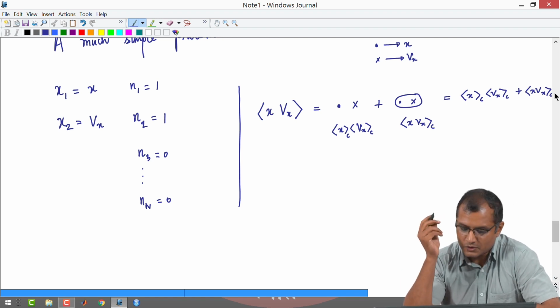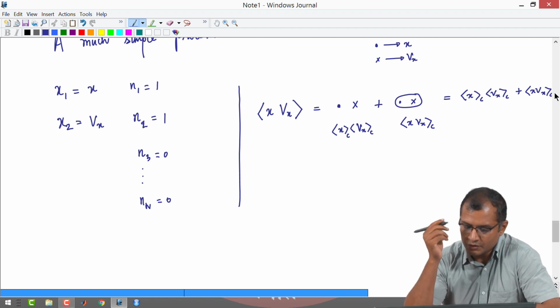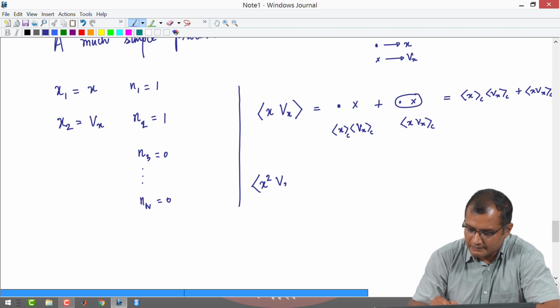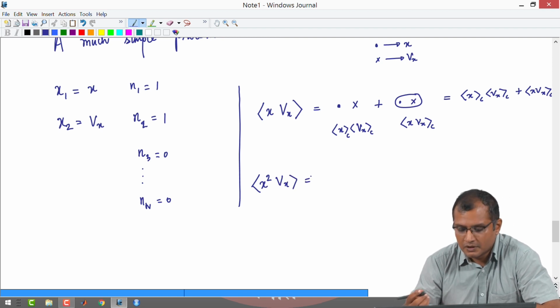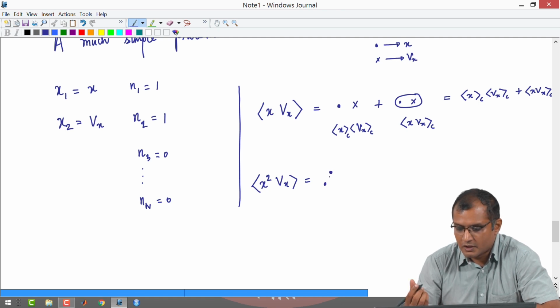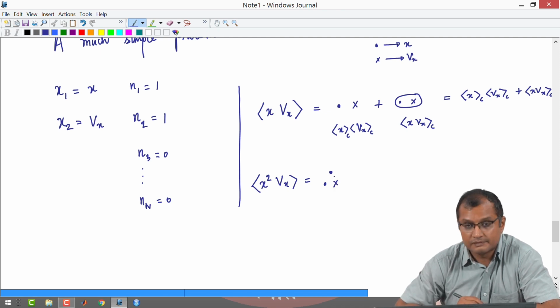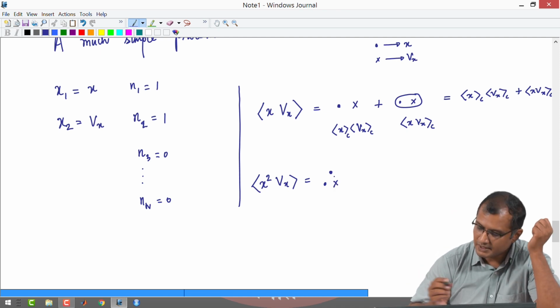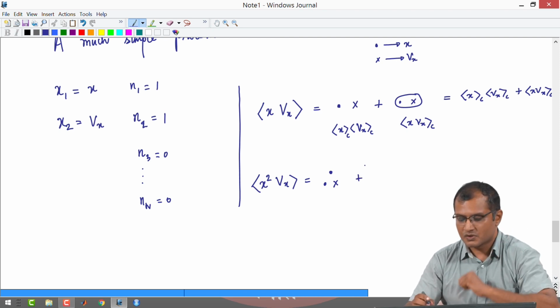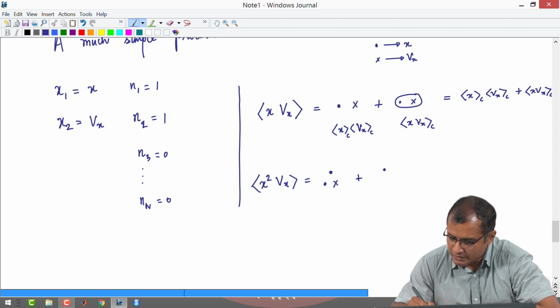You would basically be interested in finding out, let us say, x square into vx. Now how do you do it? Well, there are two x's, so I'll put two dots because the dot represents x, and there is one vx, which I'll indicate as a cross, three points. Now I can arrange this in many ways. One way would be to connect the two dots and leave the cross as is.